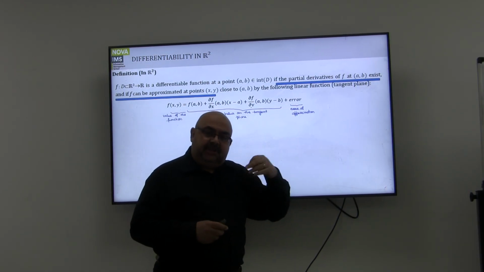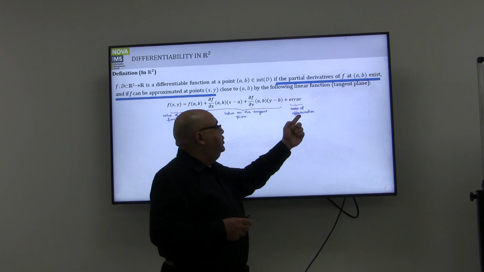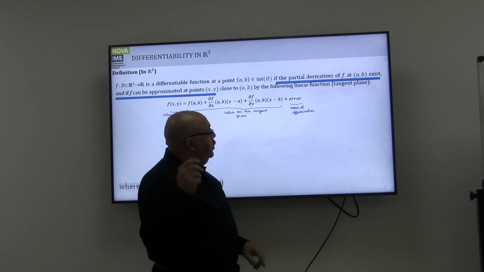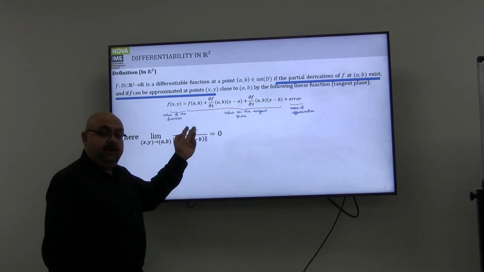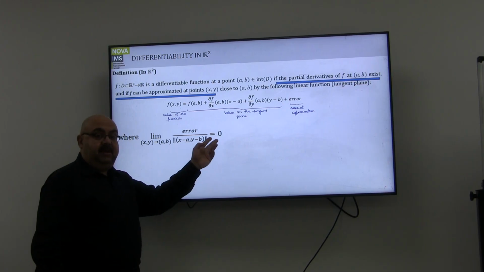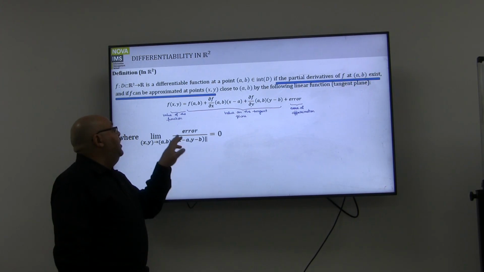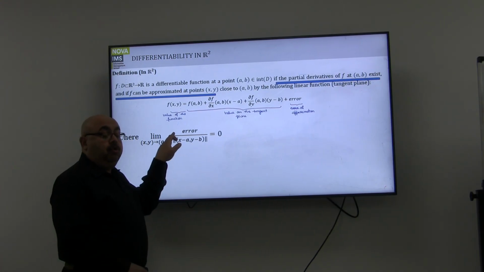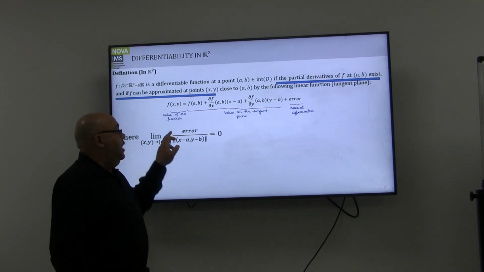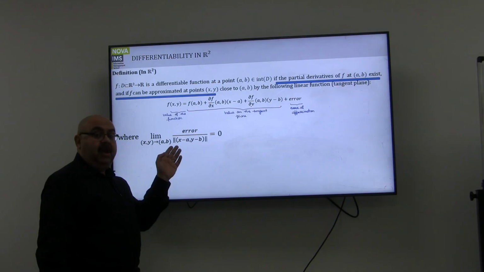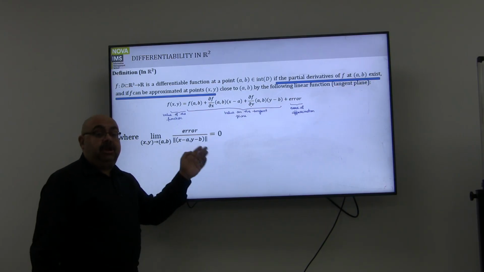If your function is differentiable, then the error term will equal 0, which means the limit of the error divided by the norm is going to be equal to 0. And that's once more stating that the error term will grow smaller, faster than (x, y) approaching (a, b).